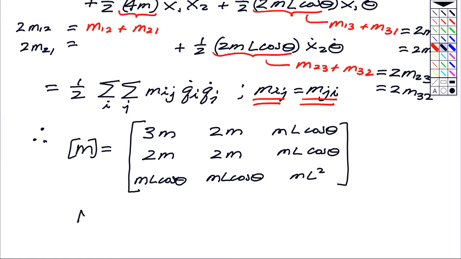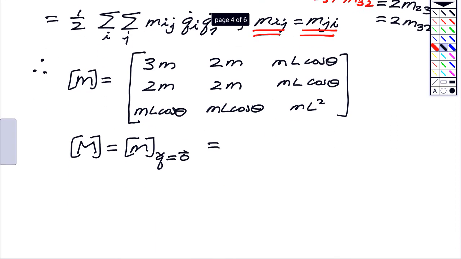In order to write down our mass matrix, we take our inertia or mass coefficients and evaluate them at the equilibrium state, which we saw for this example is when theta is 0. So everywhere that there's a cosine theta, that becomes a 1.